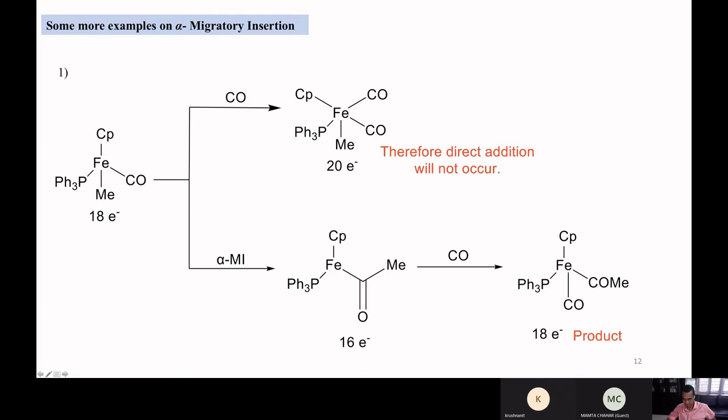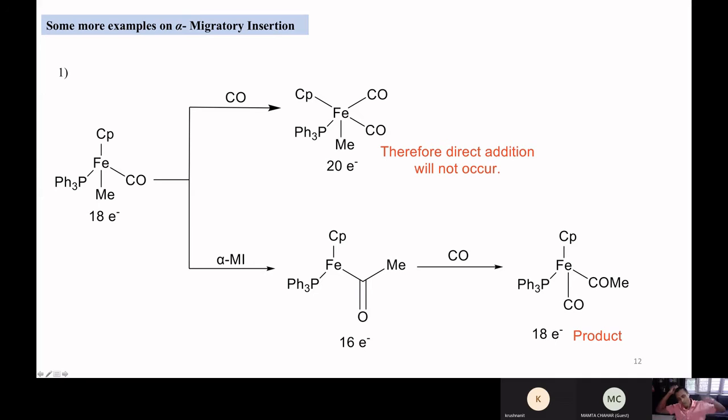This is the new carbon monoxide that comes in. What I was trying to tell you is that if you take this compound and react it with carbon monoxide, another direct addition of carbon monoxide onto it, two carbon monoxide units is not going to be feasible. The total 20 electron species is not feasible, and back bonding and other problems also come into the picture.